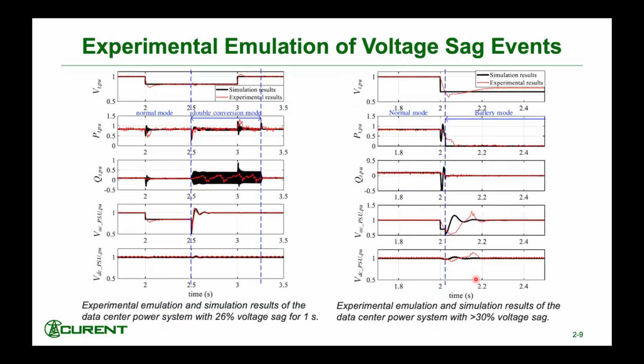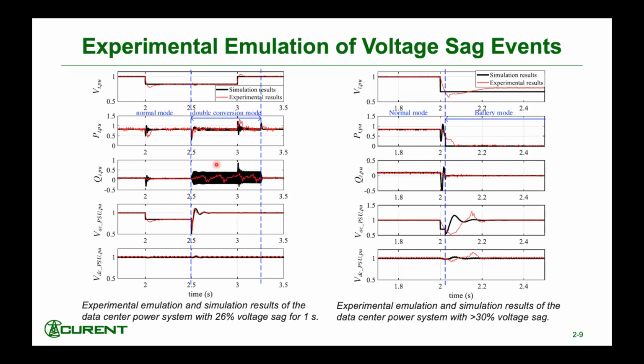So as the most common grid disturbance, voltage sag events are demonstrated here to show the dynamic response of the data center load. Here I showed both the simulation results in MATLAB Simulink and the experimental emulation waveforms of the normalized terminal voltage, power, and the onboard power supply AC and DC voltage.